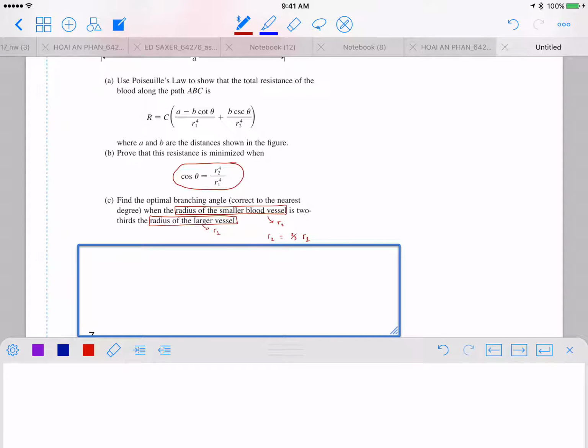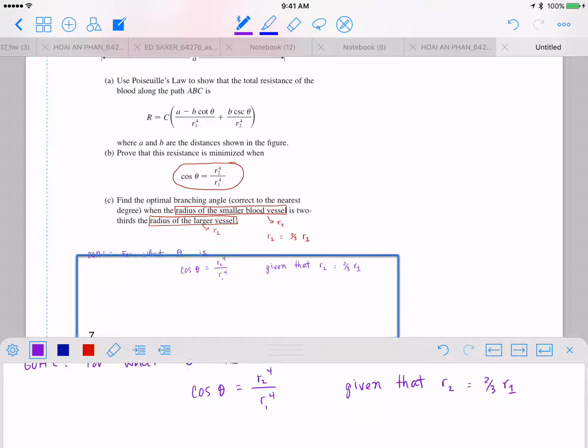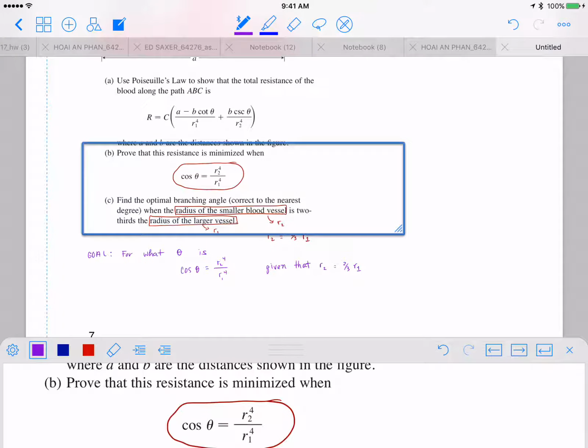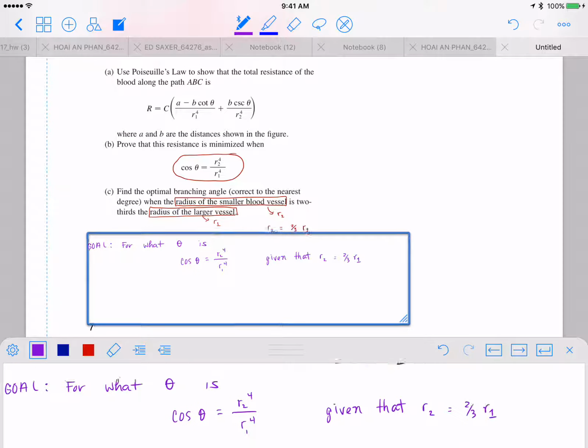So our goal, let's go ahead and write it down. So our goal is to find for what theta is cosine of theta equal to R2 to the 4th power divided by R1 to the 4th power, given that R2 is equal to 2/3 R1, because this theta is where our resistance function is minimized.